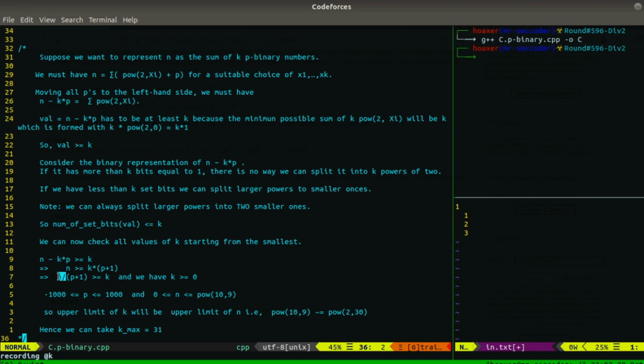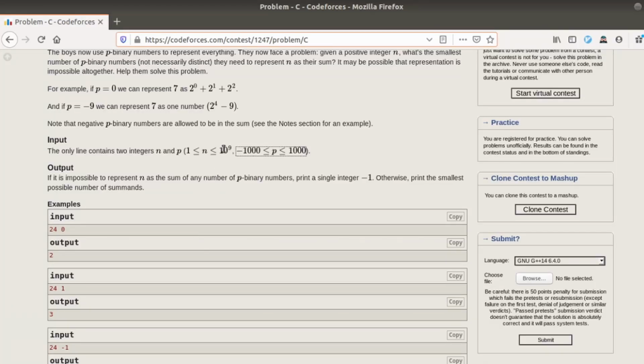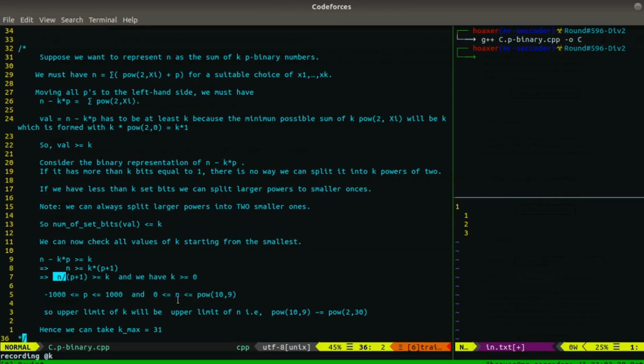How can we achieve the upper limit of n? We are given the upper limit of n as 10 power 9. So 10 power 9 can be represented as 2 power 30. So we can max have 30 bits.